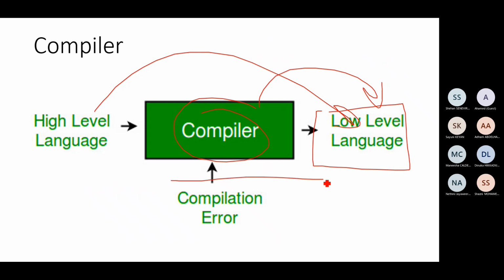If there's any error while you're compiling the code, you might get a compilation error. At that time, the program halts the process and says, no, you can't go beyond this. That's it, very limited. That's the whole story of this compiler.